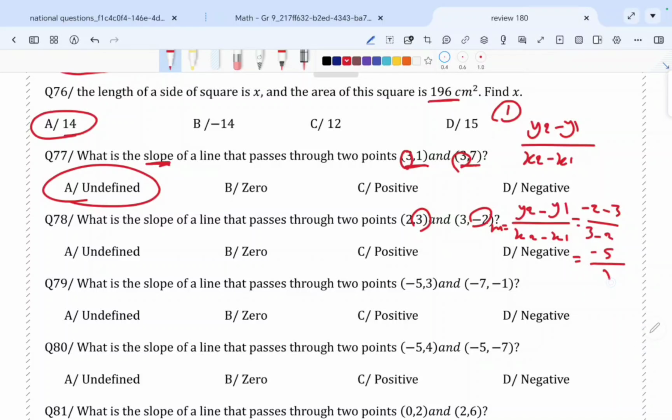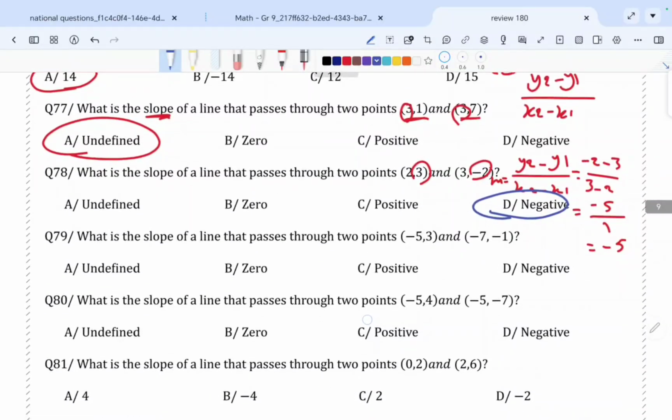This one, we're going to add them. It will be -5 over 3 - 2, which is 1, equals -5. So the answer is negative, okay?